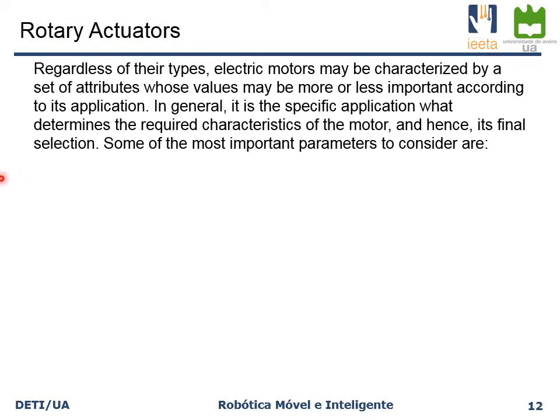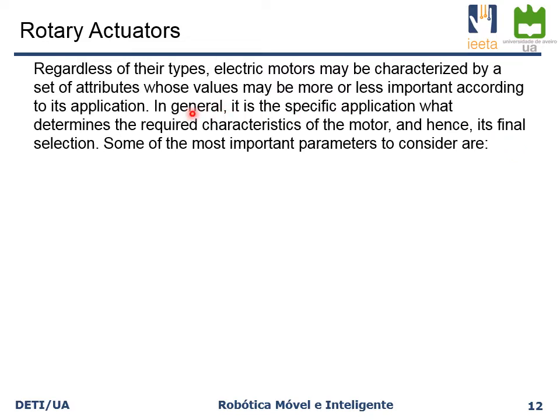Before going into the specifics of the brushed, brushless, and stepper motors, there are a few items that we could refer to. It's not really relevant that you know exactly all of them, but it is important to understand that, according to the application, an engineer should look into all these characteristics of an electrical motor so that they can choose the optimal or quasi-optimal solution for the particular application.